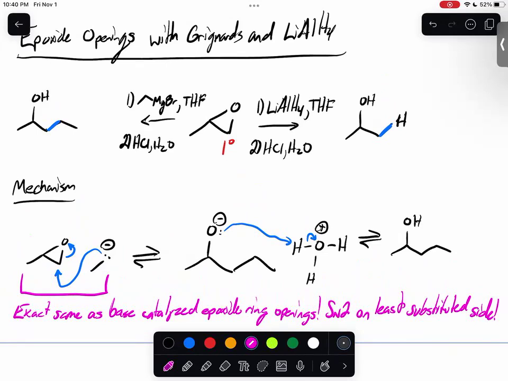All right. And then on top of that, they can add on to these epoxides where one of them adds on the carbon chain and the other one adds on hydrogens.